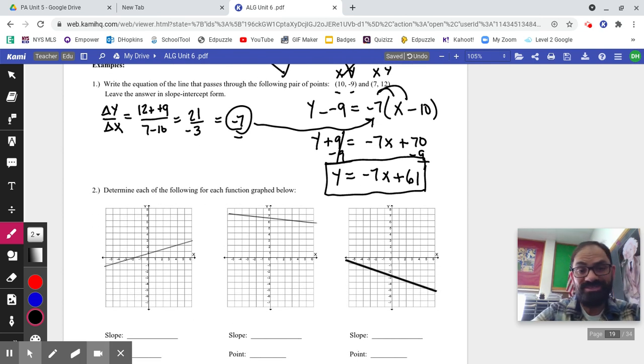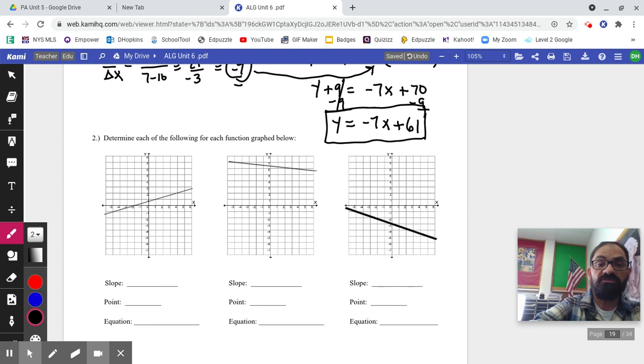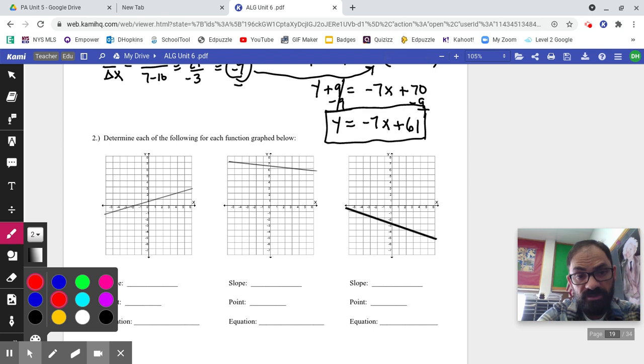Okay, number 2, it says determine each of the following for each function graph. So it wants the slope, it wants the y-intercept or the point, and then an equation. So let's see here. Again, we're looking for happy, friendly numbers.